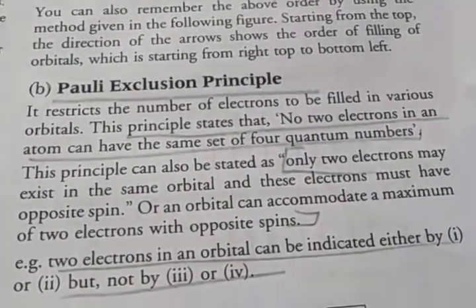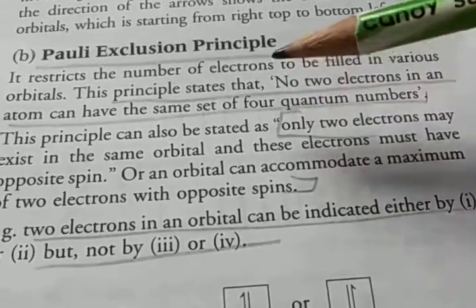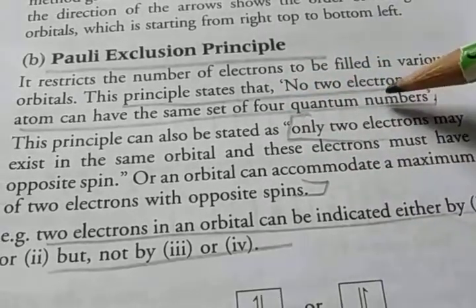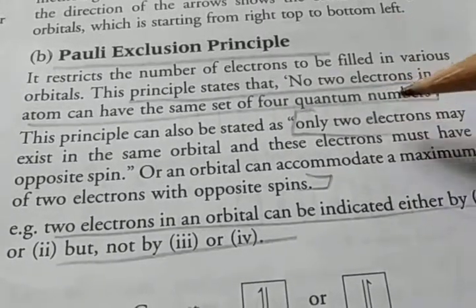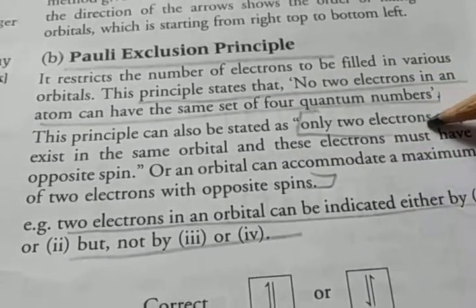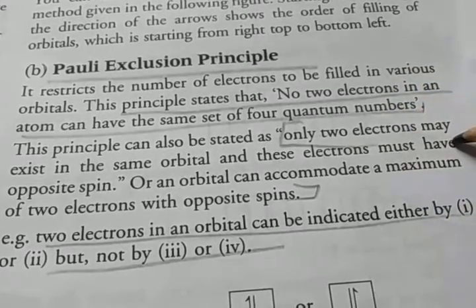Second principle is the Pauli exclusion principle. It restricts the number of electrons to be filled in various orbitals. This principle states that no two electrons in an atom can have the same set of 4 quantum numbers.